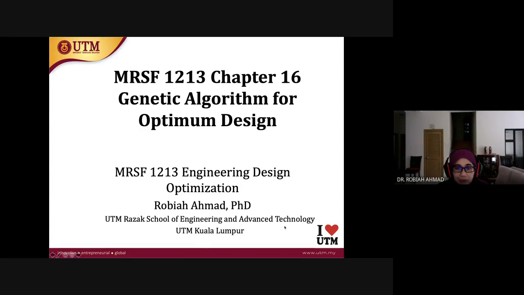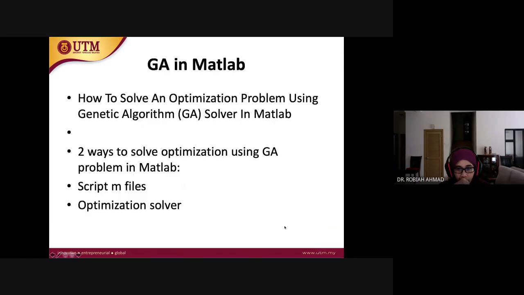Now we're going to use this genetic algorithm, this evolutionary algorithm tool, in Matlab. So, how to solve an optimization problem using the genetic algorithm solver in Matlab. Once you know how to use GA, you can use the rest of the evolutionary algorithms in Matlab.